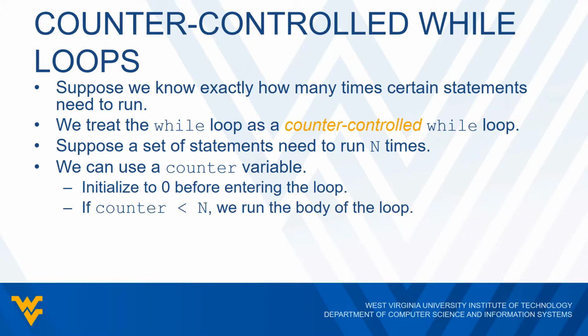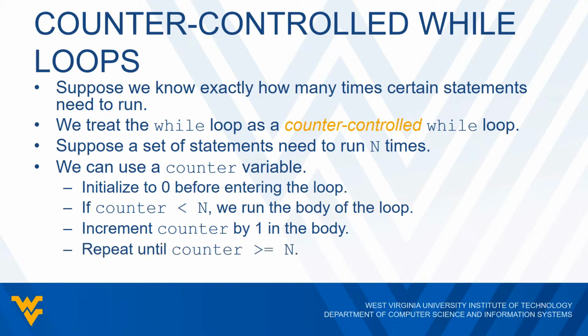In our condition, we'll say if our counter is less than n, we'll run the body of our loop. And before we go back to our condition, so the last statement of our body, we'll increment our counter by 1. And then we just repeat this until eventually our counter becomes greater than or equal to n.